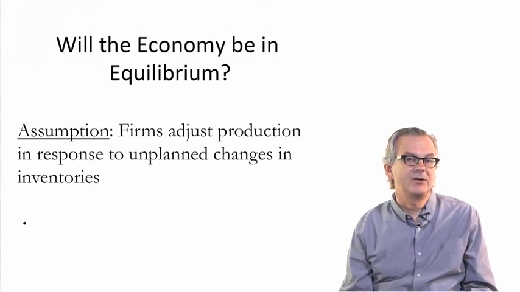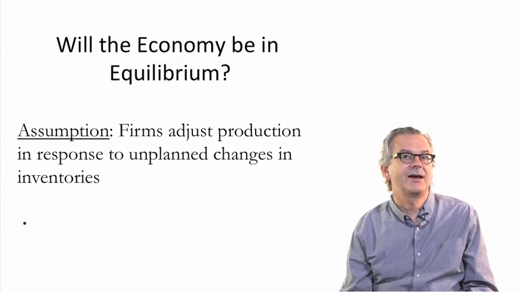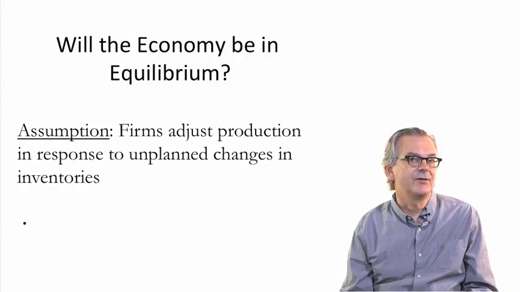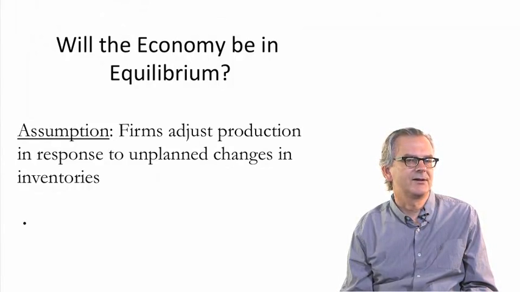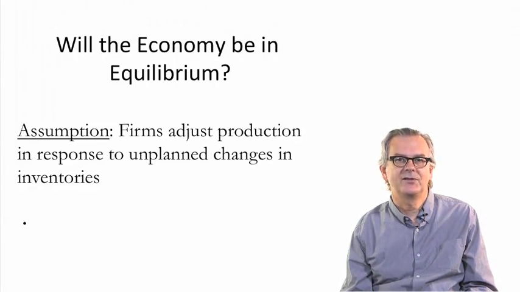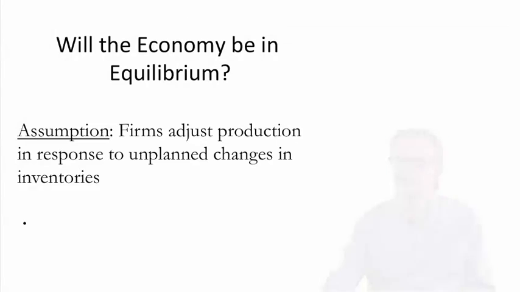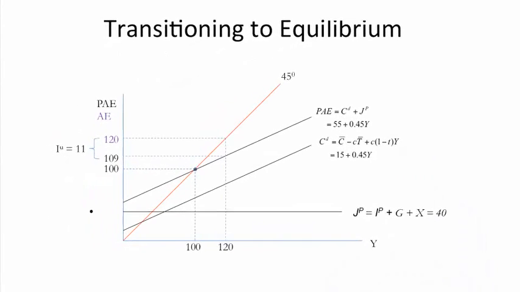If, on the other hand, they see the opposite occurring, if they see unexpectedly that they're having to dip into their inventories to meet demand, so that their inventories are unexpectedly declining, firms will understand that means they've underestimated the strength of expenditure in the economy, and that will act as a signal for firms to increase their production. So firms are assumed to respond very systematically to unexpected changes in inventories.